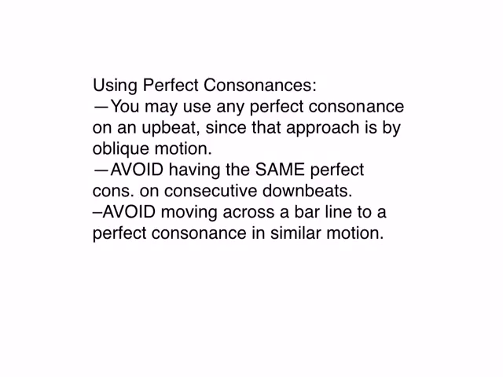Perfect consonances. We know from first species that we have to be careful how we approach them. So let me show you the different ways of doing it. A perfect consonance on an upbeat will work because we approach that by oblique motion.